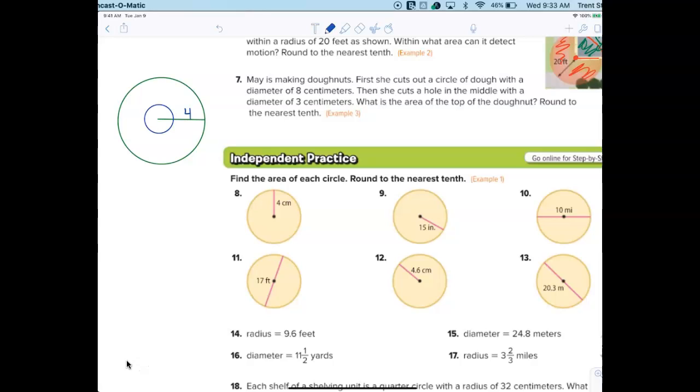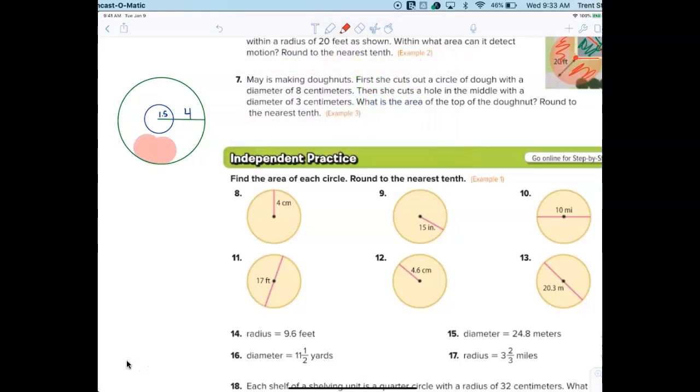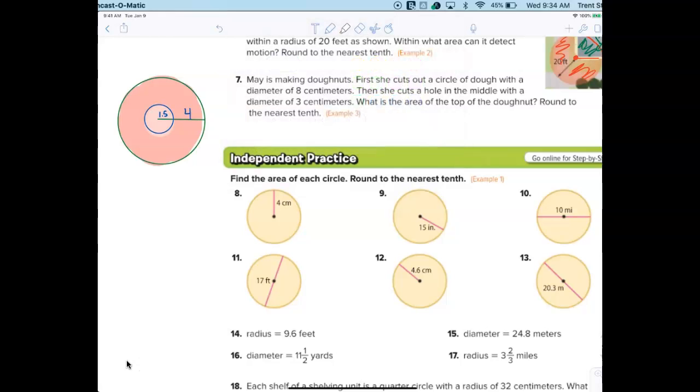1.5. All right. So now this originally was my donut, correct? Well, you tell me what half of 3 is, and then you can correct me. All right. Then what we're doing is we are now cutting the hole, and there's my donut.